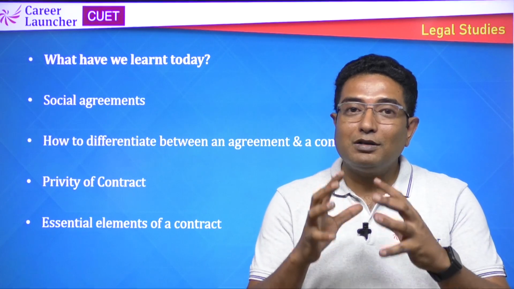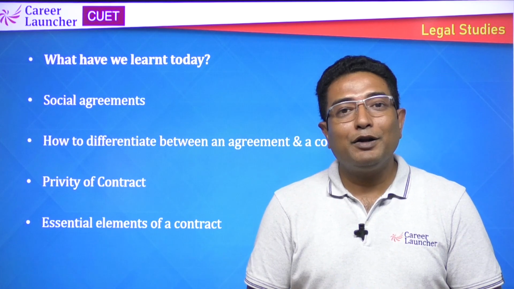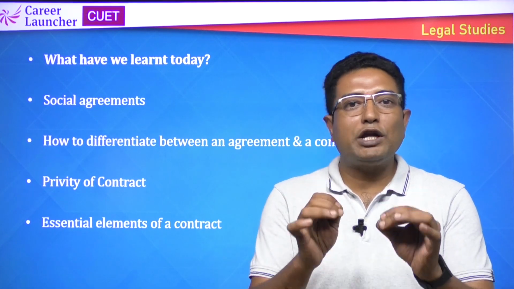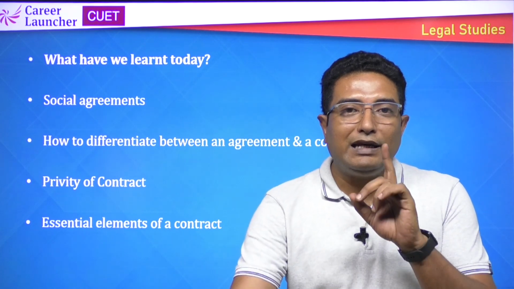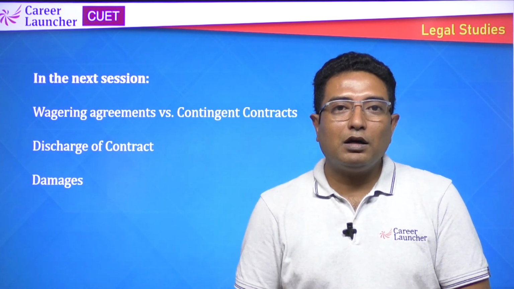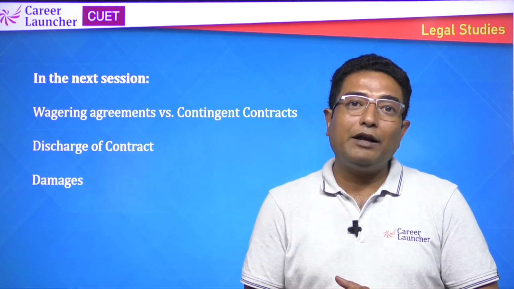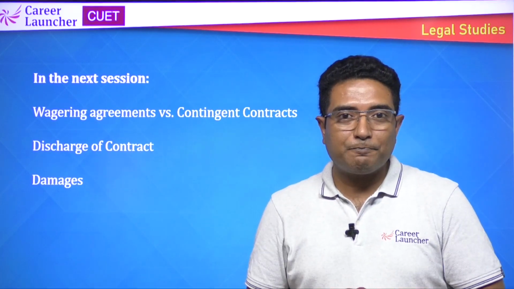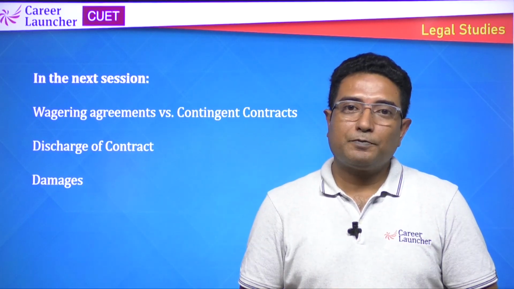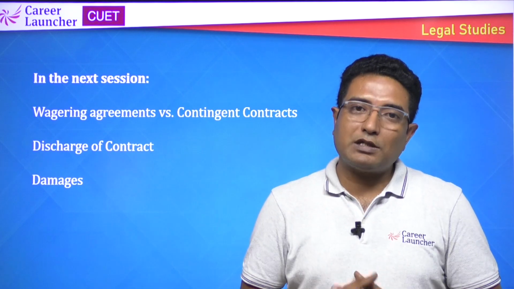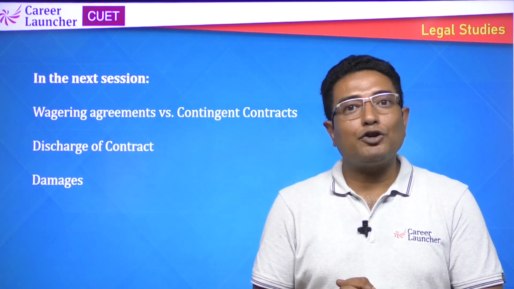You have understood the concept of privity of contract and what the essential elements of a contract are. In the next lesson, we'll learn about wagering agreements and contingent contracts, how a contract is discharged, the different ways to discharge a contract, and damages for breach of contract.